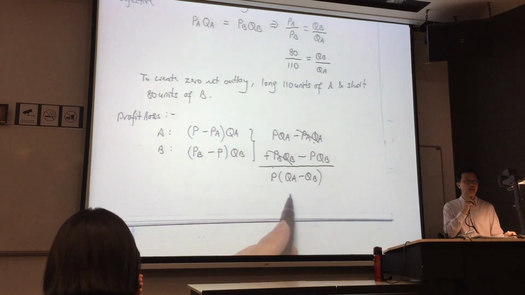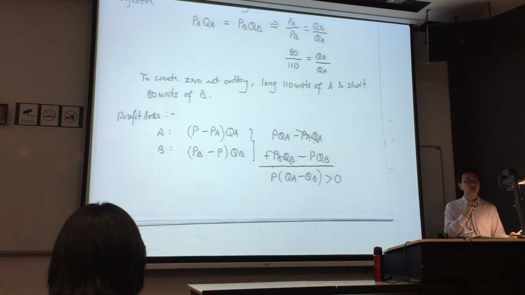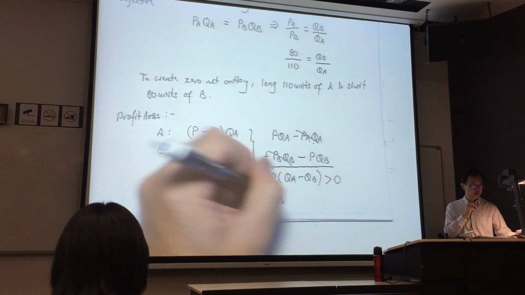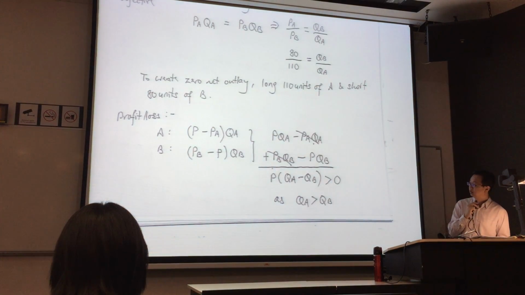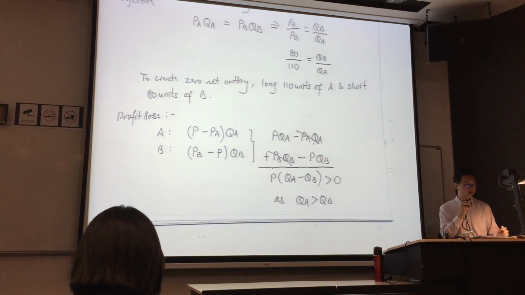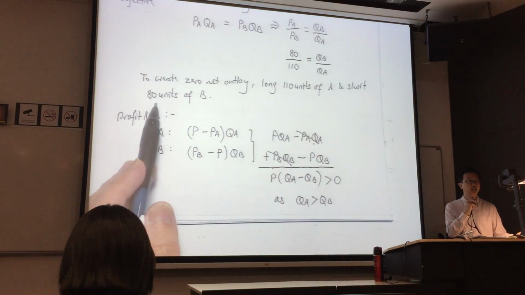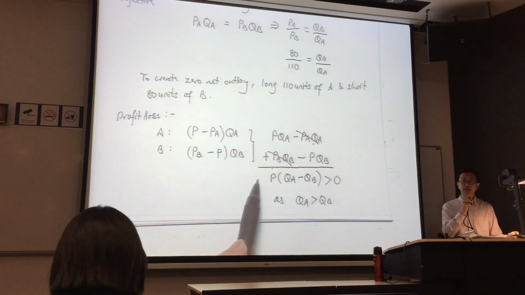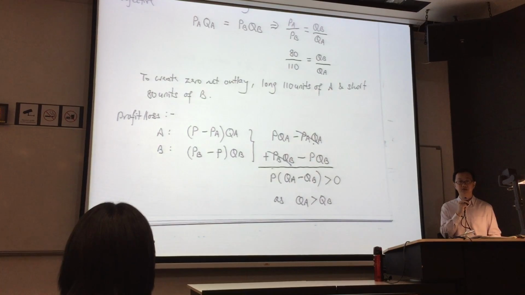What is this figure here? Is it positive or negative? This will be positive. Why? Because QA is greater than QB. Here we know that QA is 110, QB is 80. So since QA is greater than QB, whatever the price is, you multiply by the positive number in the bracket, it will give you a positive profit.